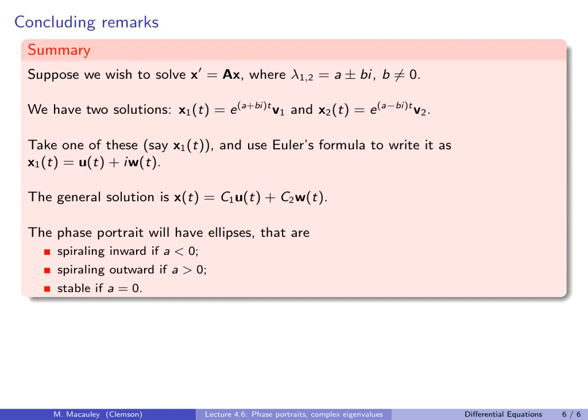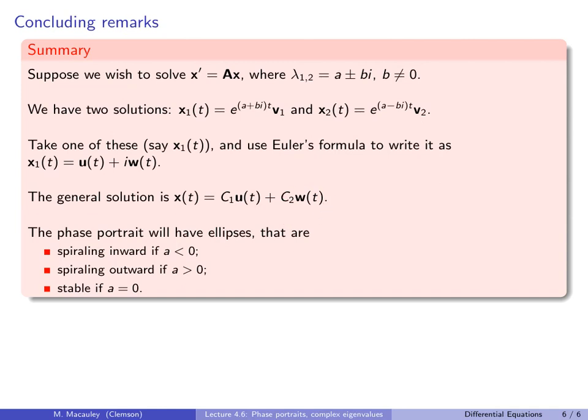So let's take one of these solutions, either one, and use Euler's formula to write it into its real part and imaginary part, because we don't like writing our general solution using complex exponentials. If we do that, then the general solution, instead of using x1 and x2, which we could have done, is c1 times u plus c2 times w, and these involve real-valued vector functions.